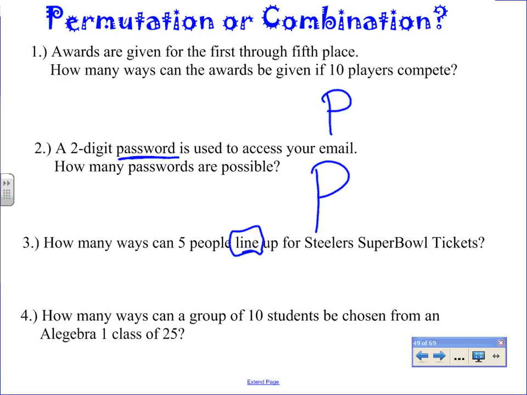Okay. All right, so permutation. Line means order matters, permutation. And then, what'd you put for 4? Good. See, group always means combination.